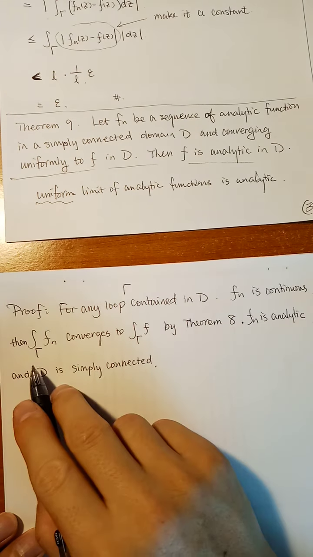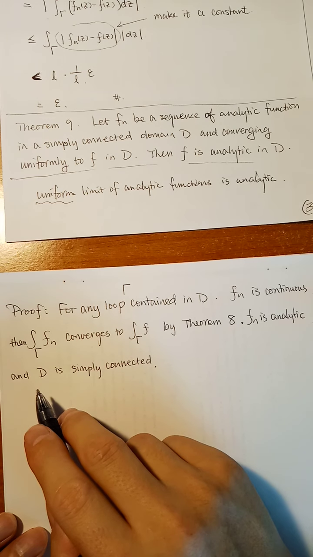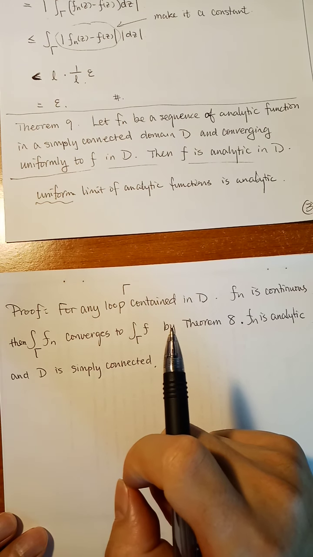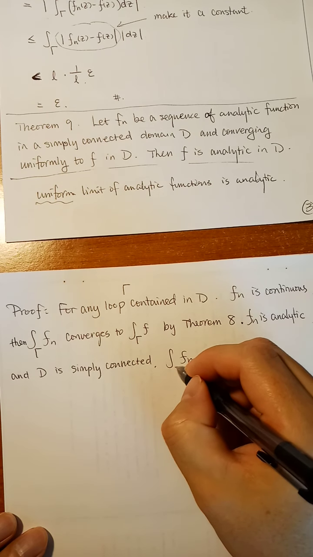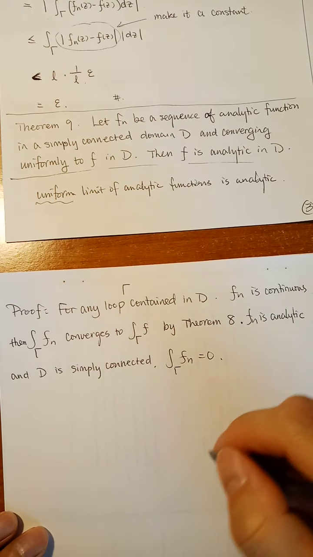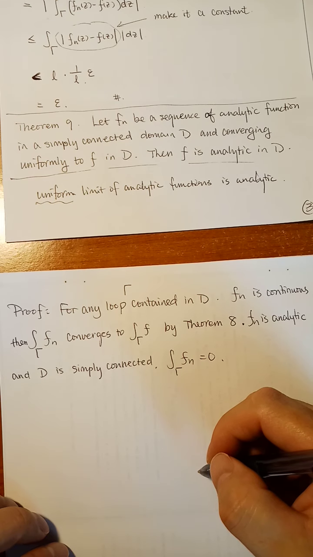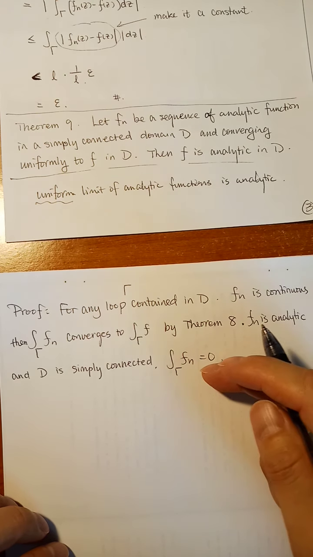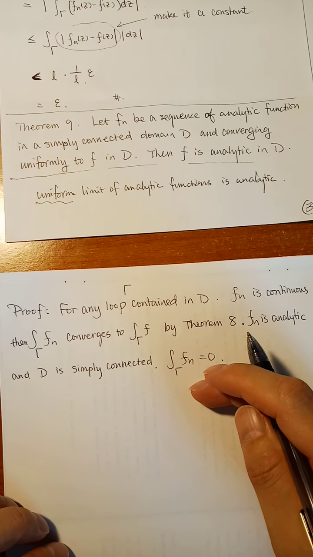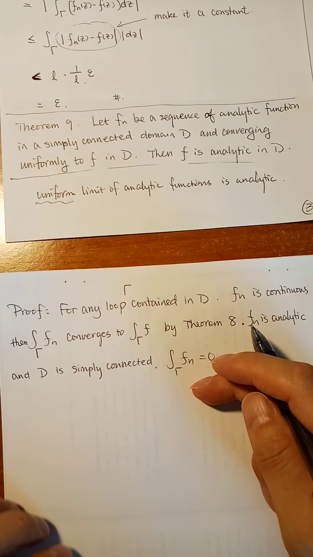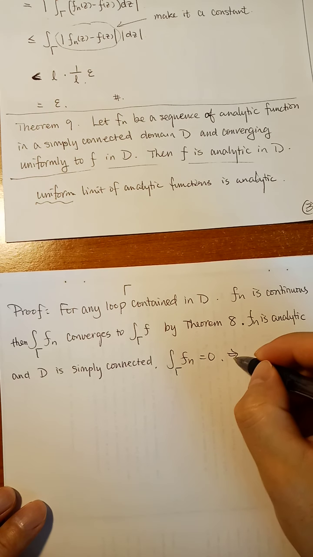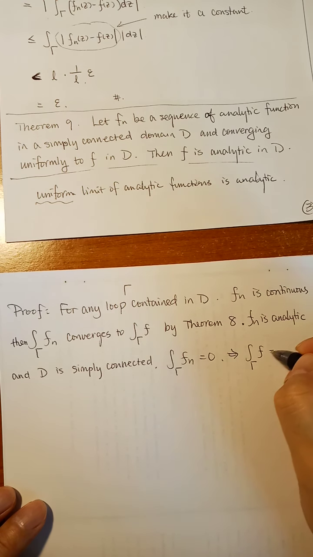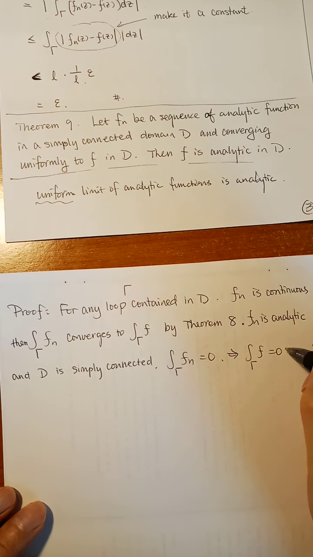Then this gamma can be contracted to 0. In other words, the integral of f_n along gamma is always 0, the Cauchy theorem. Right? The integral of f_n along gamma is always 0. And this implies the integral of f along gamma is always 0, because the limit of 0 is 0.